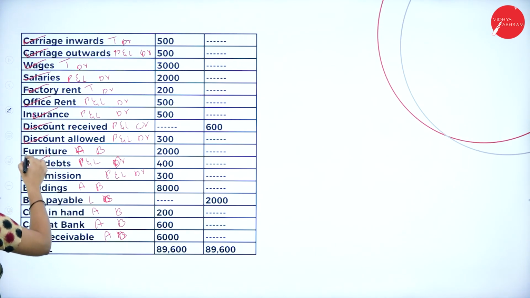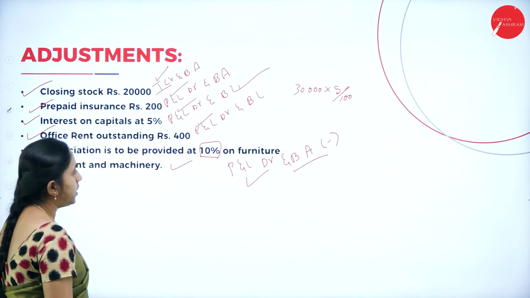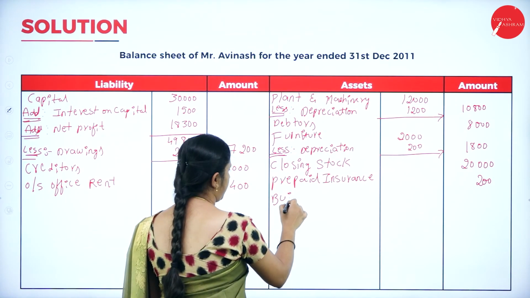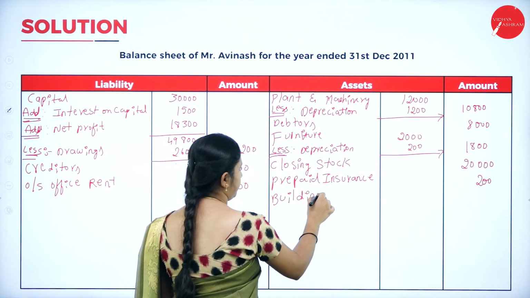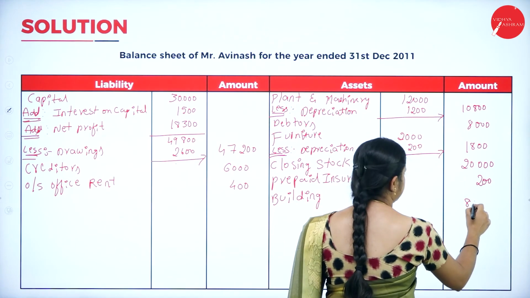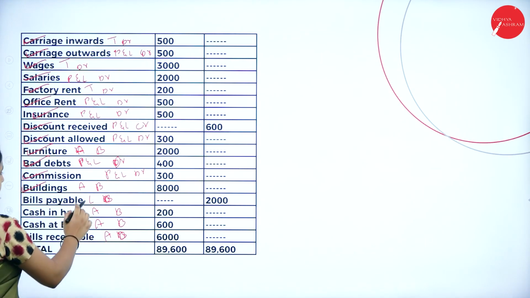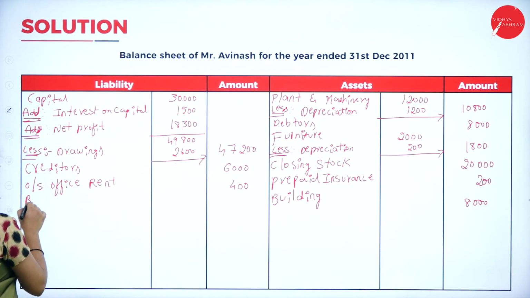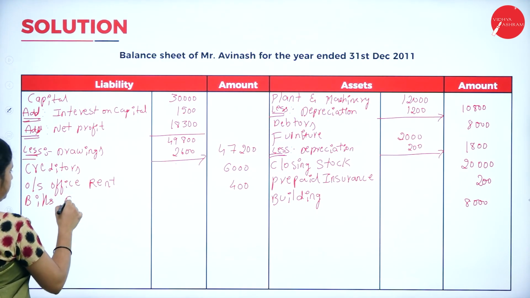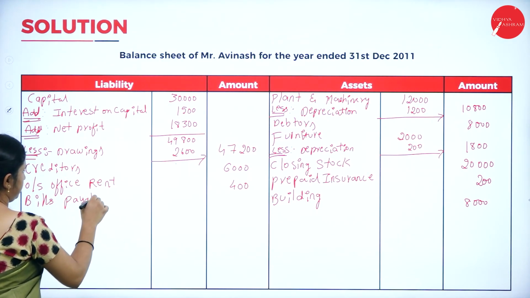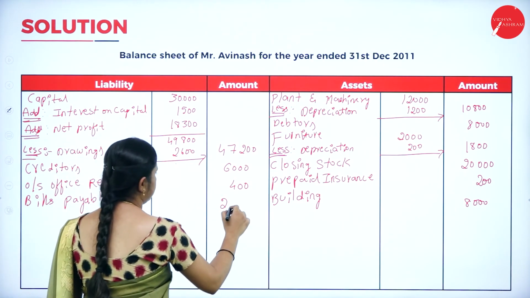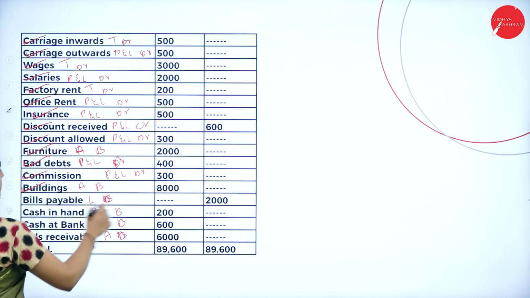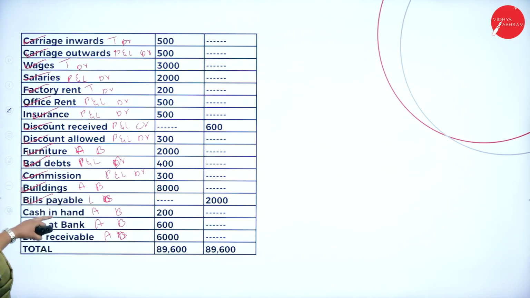Let's check whether we have any other balance sheet item. Here we have building 8,000. Then bills payable, liability side balance sheet, 2,000. Then cash in hand and cash at bank, 200 and 600.